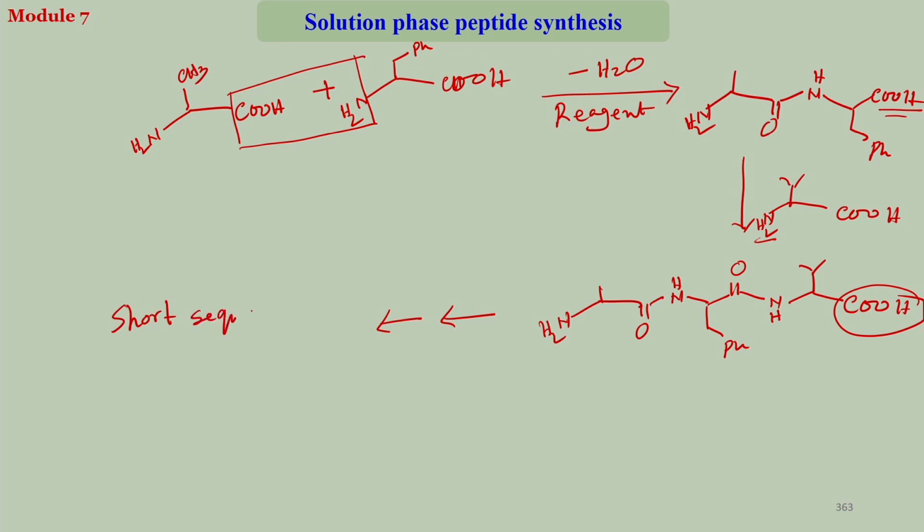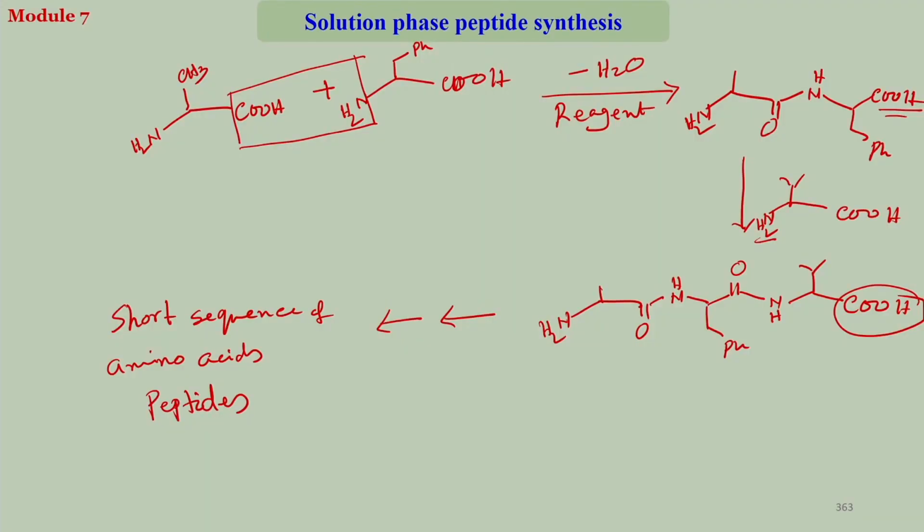If you go on like this, you can expect to synthesize a short sequence of amino acids, which we call peptides. So this is a chemical synthesis, and nowadays peptides 30, 40, 50, 60 to 70 amino acids long can be synthesized in the laboratory.